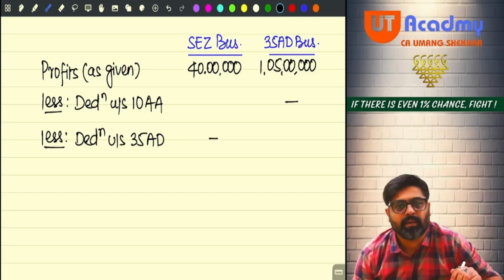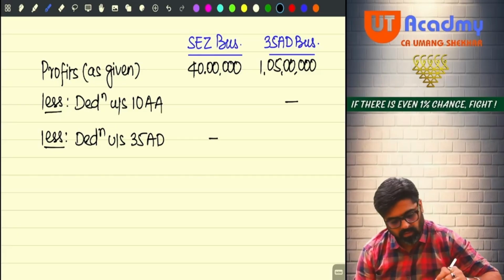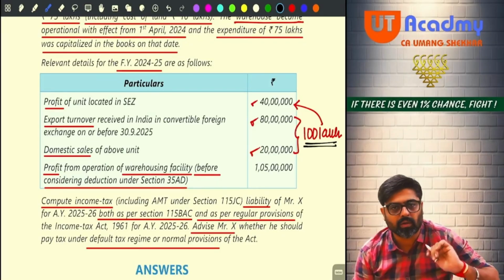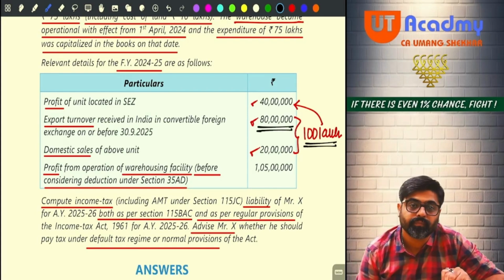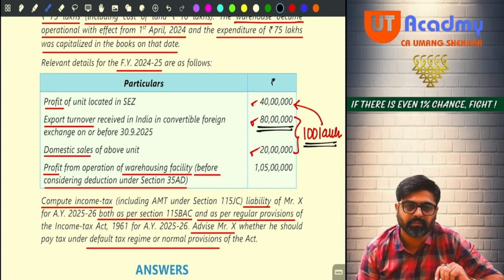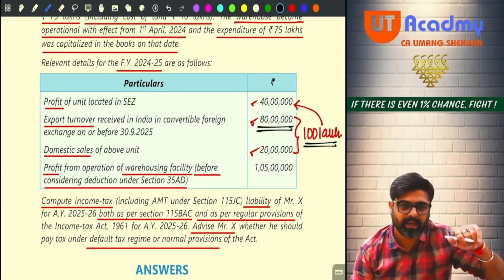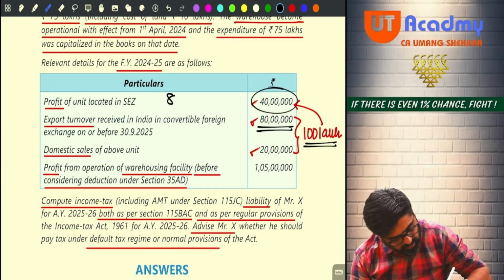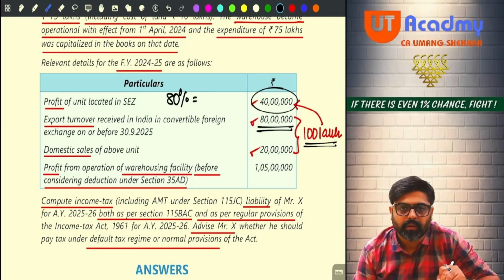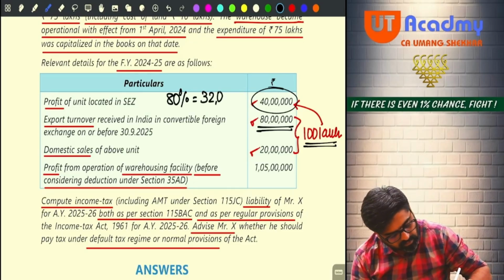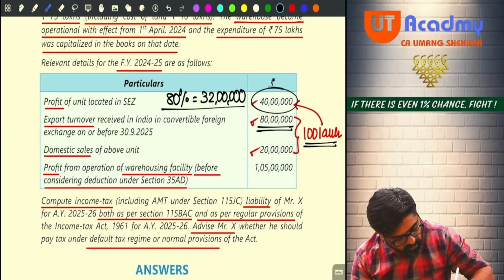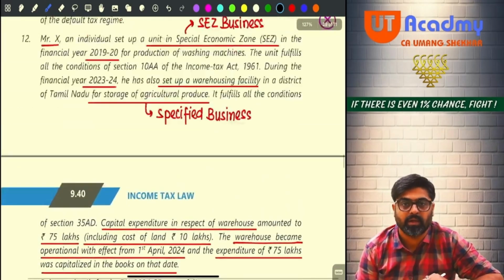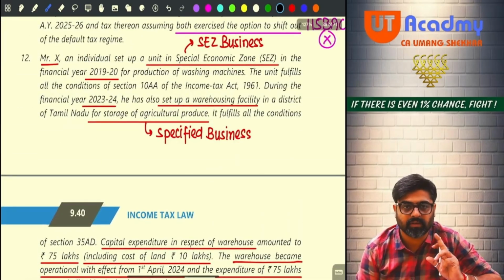Now tell me, 10 AA deduction if you are going to calculate. Out of the total turnover, 80 lakhs turnover is export turnover, meaning 80% of the turnover is export. So out of this, 80% will be your export profit, no? Tell me how much 80%? 32 lakhs. Now this 32 lakh is the export profit for the current year of your SEZ business, which commenced operations in the year 19-20.